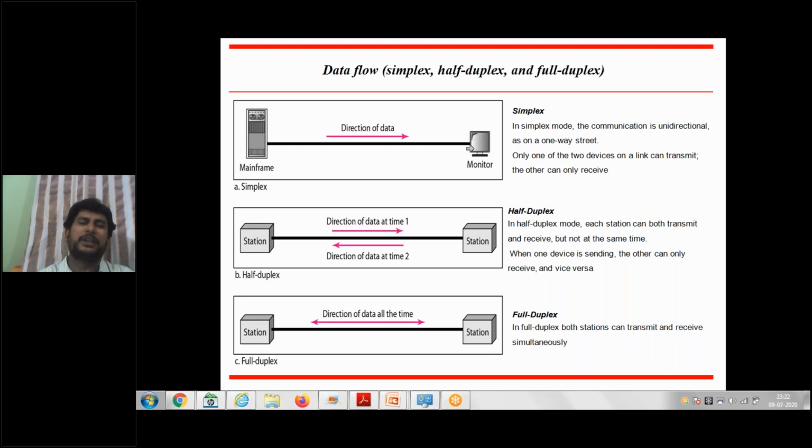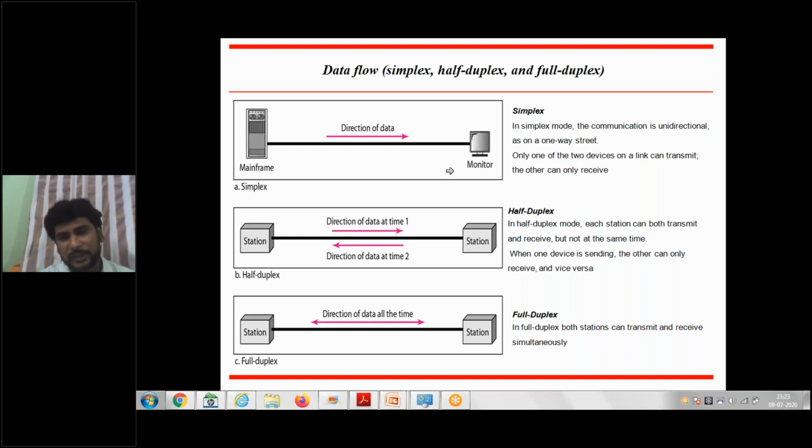And the second mode is where there is a flow of information between two stations. But the condition here is that the two stations can send data as well as receive data, but they cannot perform both functions together. Meaning if you are a station and you are trying to send data, then you cannot receive data.